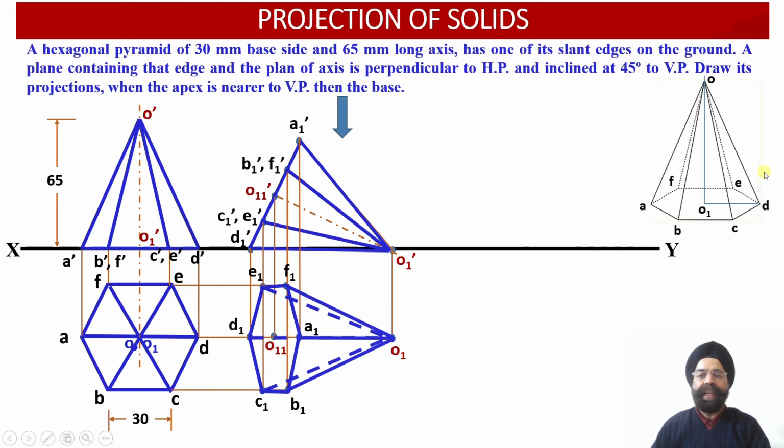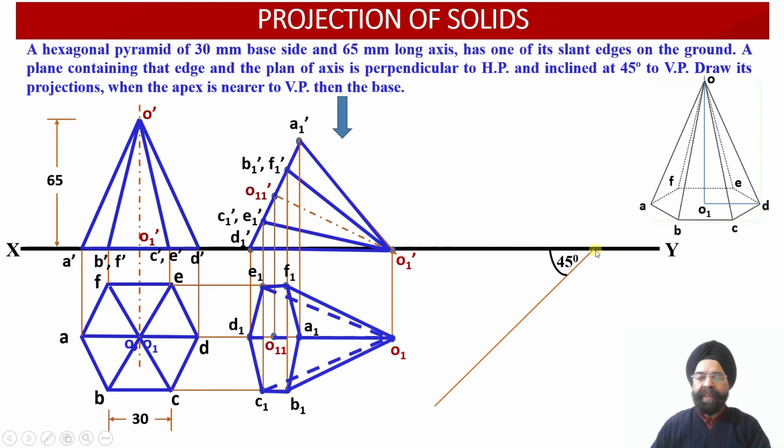Now this triangular plane O, O1 and D is perpendicular to the horizontal plane, and in the second iteration we have been provided with the information that this plane, which is represented as an edge view on the horizontal plane, is further inclined at an angle of 45 degree with respect to the vertical plane.